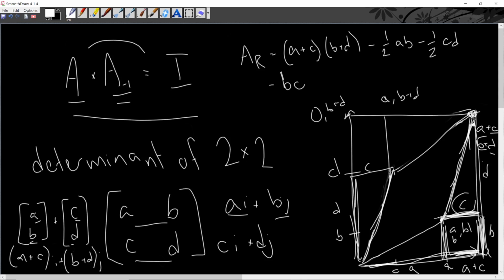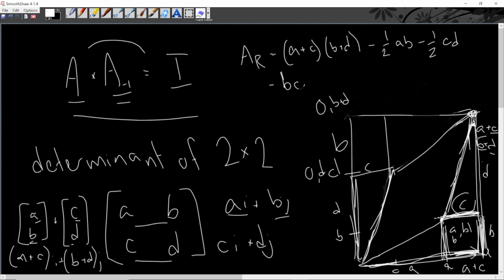So when we have A, B plus D and 0, B plus D, oh, not C, we already know what that one is. We have 0, B plus D over here, and right here we have 0, D, so the distance between these two is B. So we have another BC.